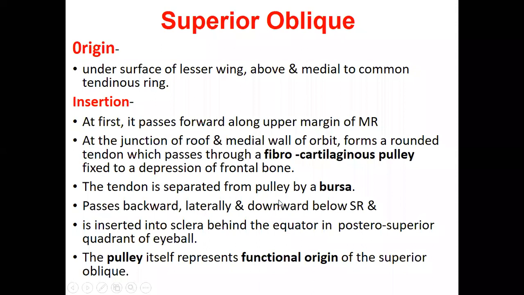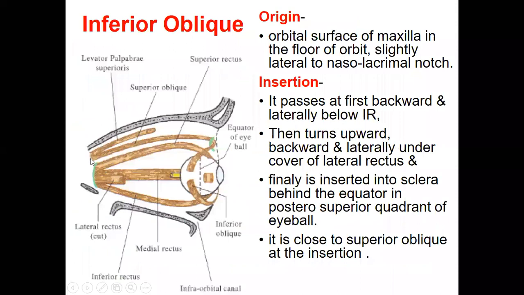As it passes backwards, laterally and downwards from the fibrocartilaginous trochlea, this trochlea itself represents the functional origin of the superior oblique muscle. So here is the origin of superior oblique muscle. Then it passes forward.